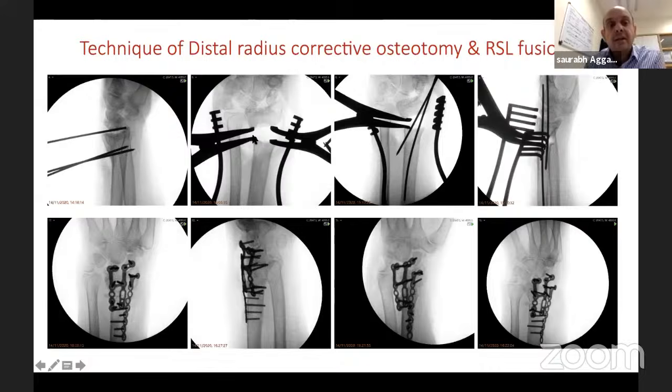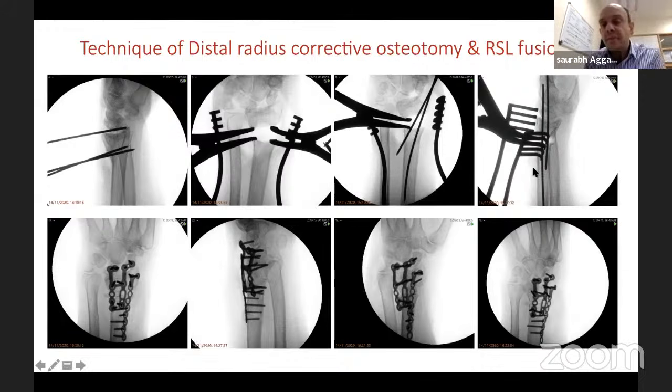And then this is another little tip, if you like. So you can see this laminar spreader I've opened to get the radius out to length. You can see it's clearly out to length now. The second laminar spreader I've opened more to restore my radial inclination. So I've corrected two deformities.